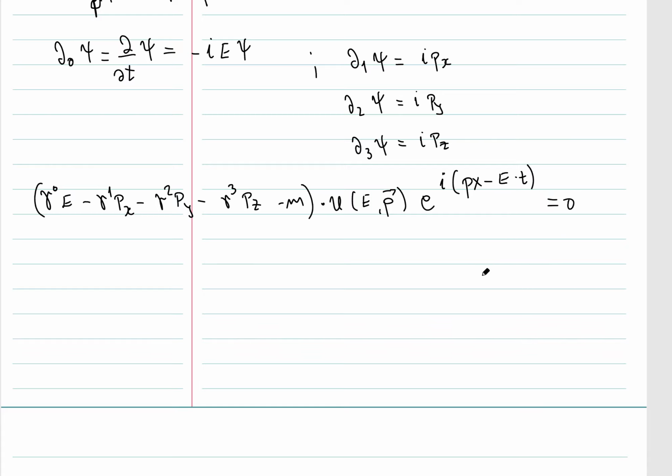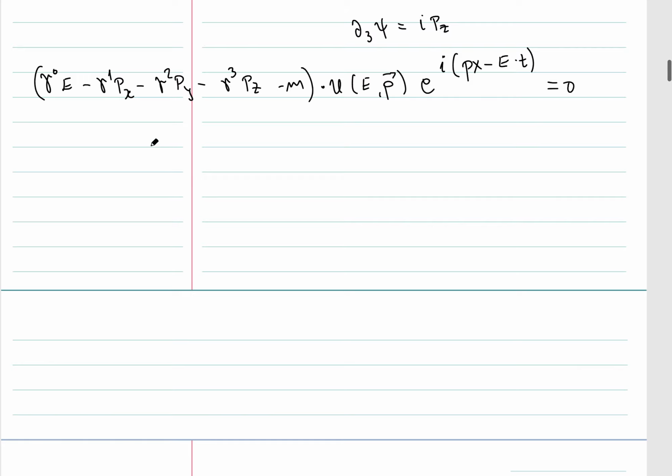In order for this equation to be 0, this part here needs to be 0.